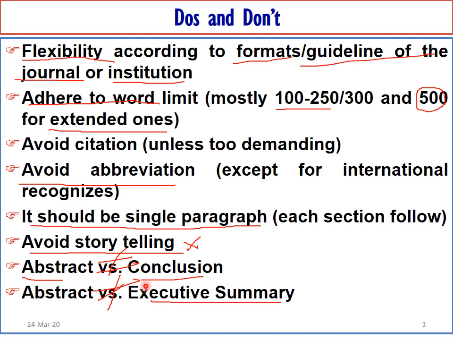Similarly, an abstract is not equal to what we call the executive summary. An executive summary has its principles, ways, and modalities on how to write it, which are not equal to what an abstract is.